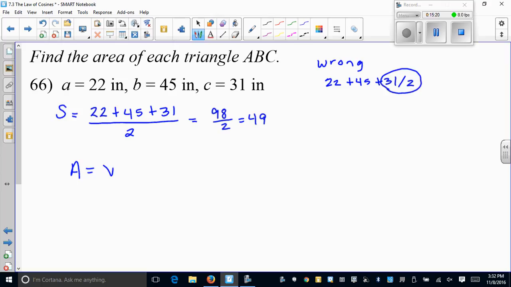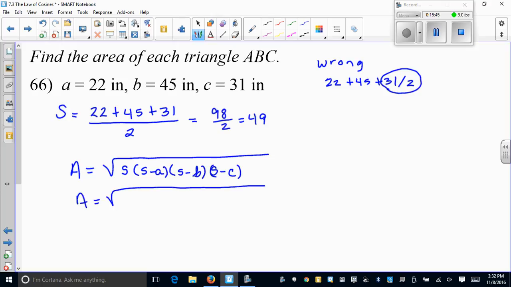So our formula is going to be S times S minus A times S minus B times S minus C. And we just plug these straight in. So A equals the square root of 49 times 49 minus 22 times 49 minus 45 times 49 minus 31.